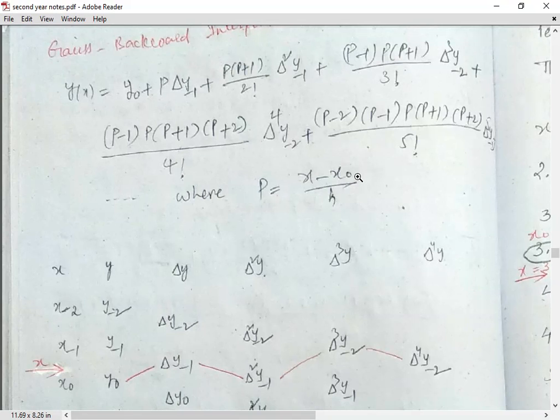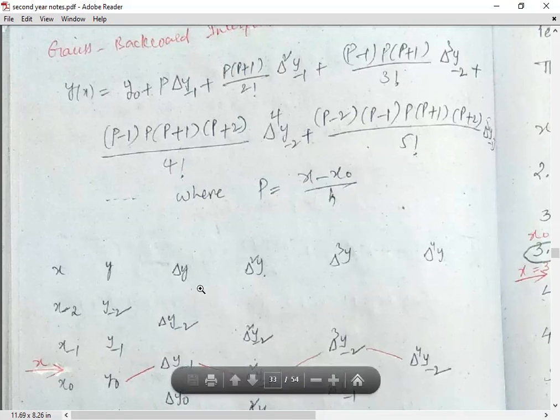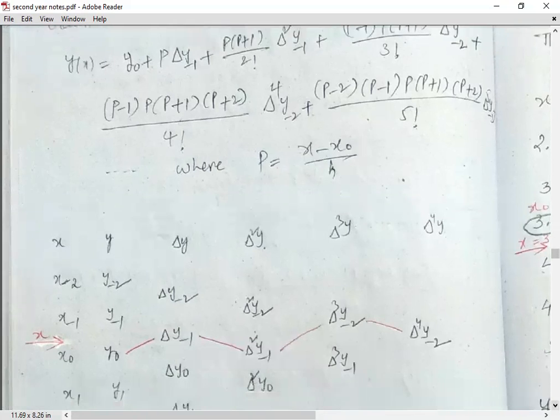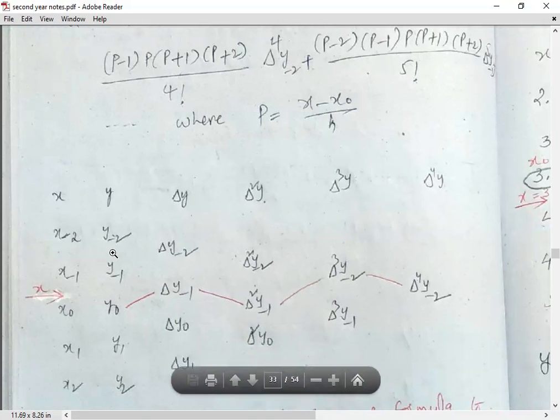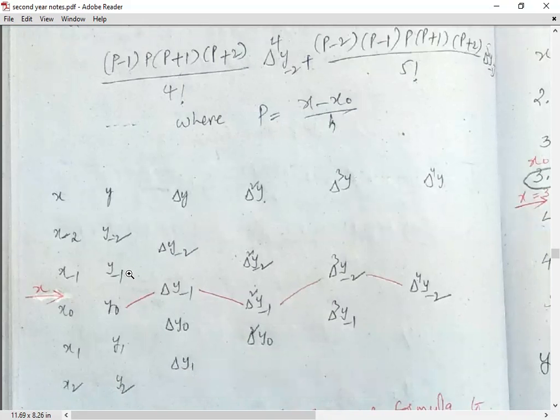So let us see the difference table and how to write the differences from the difference table. We will see from the following table. Let us take the data points as x minus 2, y minus 2, x minus 1, y minus 1, x naught, y naught, x1, y1, x2, y2. We are forming the difference table. Always we follow the same strategy, successive minus preceding.